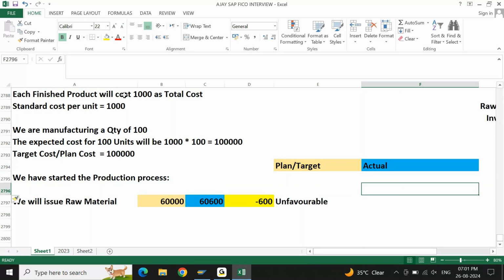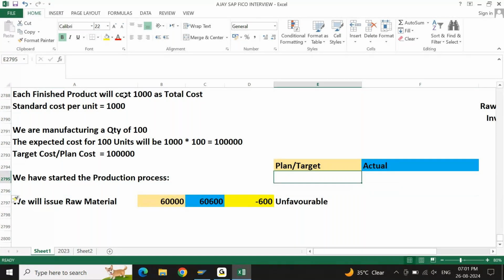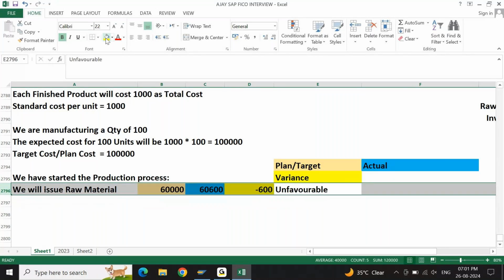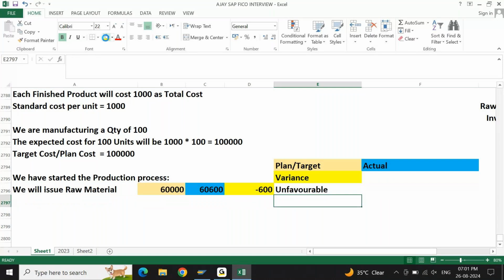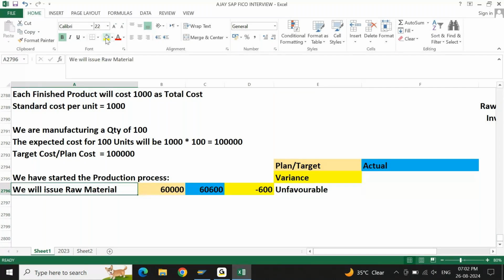It is a negative variance. Negative only. Unfavorable. Okay. Now, next one.